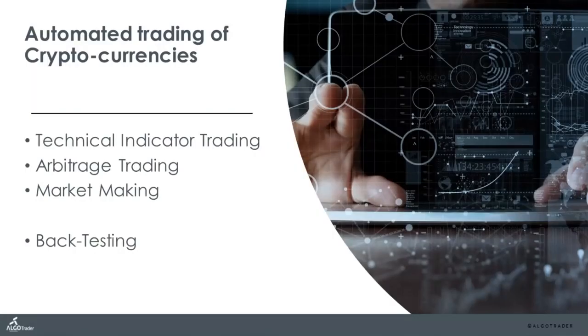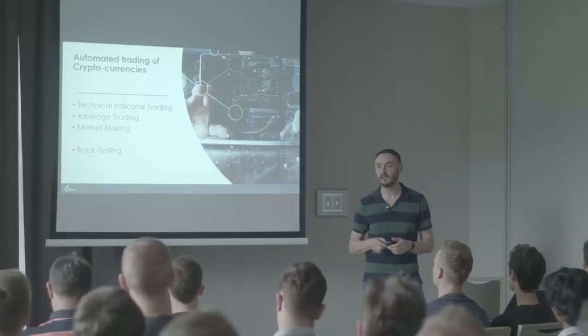All right, so let's then talk about automated trading of cryptocurrencies. There are libraries like TA-Lib or TA4J that allow you to try out various technical indicators and see what works.